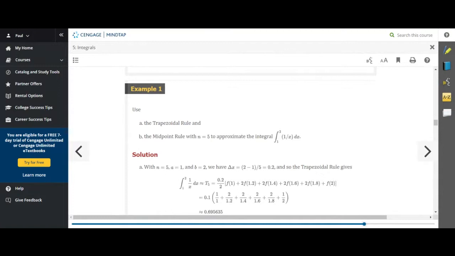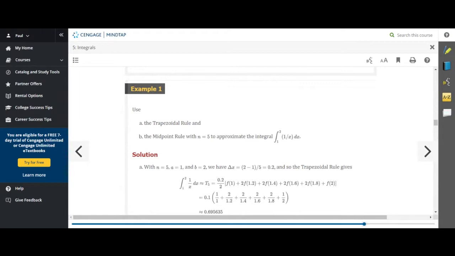We don't need to use a numerical approximation because we know the antiderivative of 1 over x. But the book wanted to start you off with something simple. So okay, well, all right. Let's apply this trapezoidal rule.